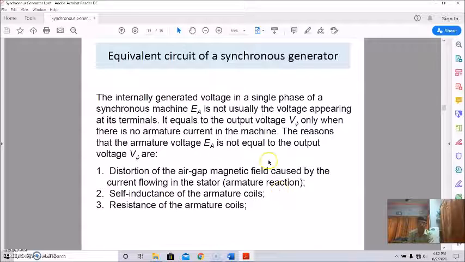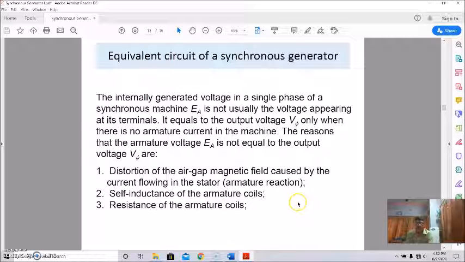It equals the output voltage V phi only when there is no armature current in the machine, and this is the actual open circuit or no load voltage. The armature voltage is not equal to the output voltage V phi because of distortion of the air gap magnetic field caused by the current flowing in the stator, that is armature reaction, and the self-inductance and resistance of the armature coils.